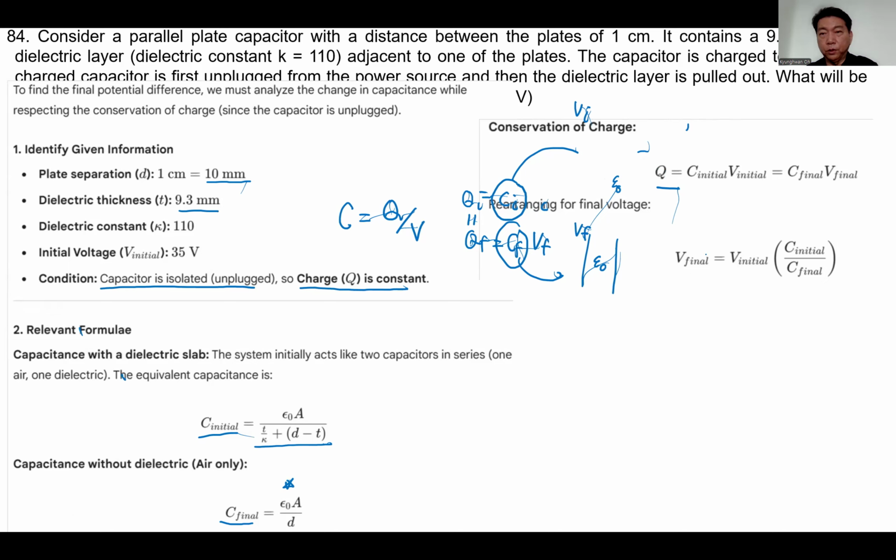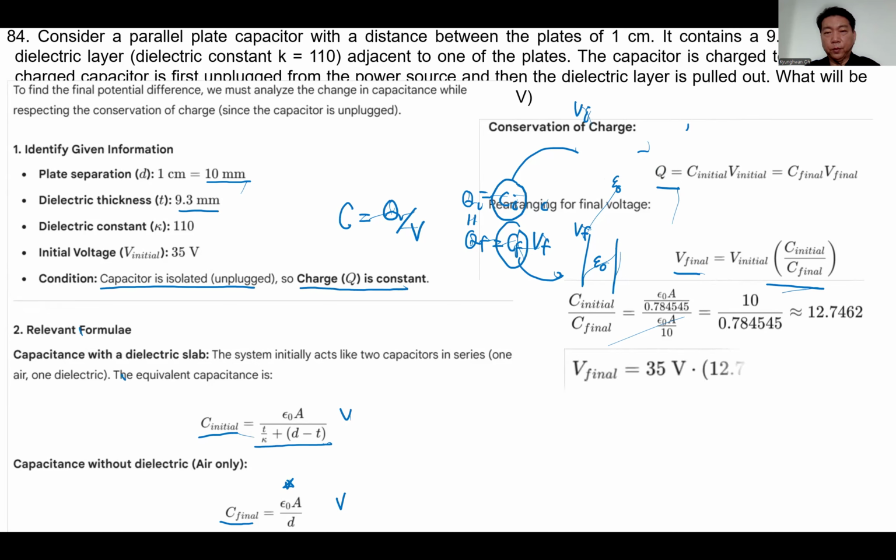And then from this relationship, we get this one. And we know what the initial capacitance and the final capacitance are, then you can find out this one, okay? So we can find out the voltage has been increased by pulling out the dielectric. So in other words, if you plug in the dielectric, then the voltage will also drop.